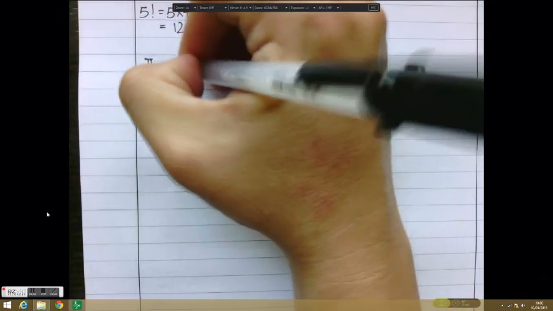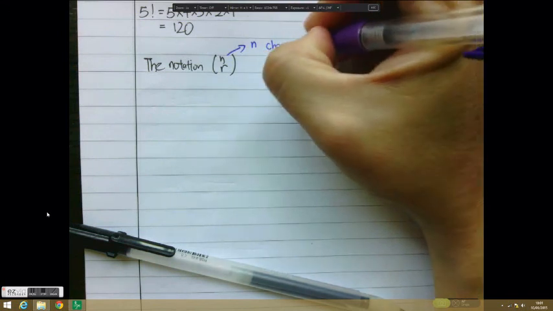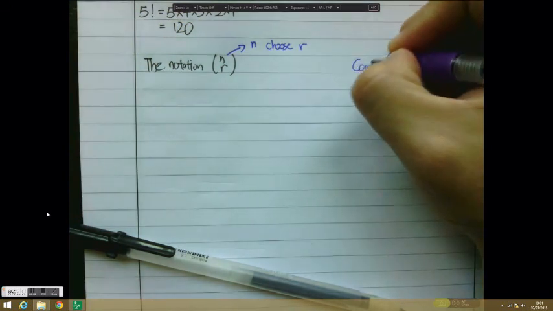Next one we need to know is the notation known as n choose r. Let me write it out for you in purple. This comes from a branch of mathematics known as combinatorics.